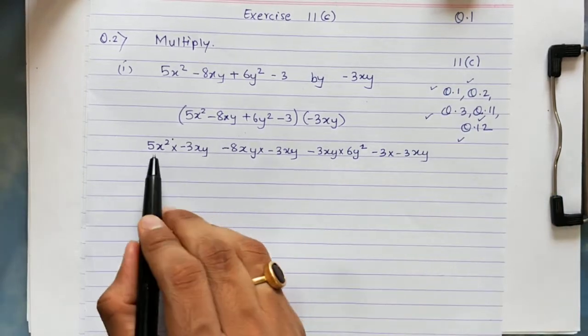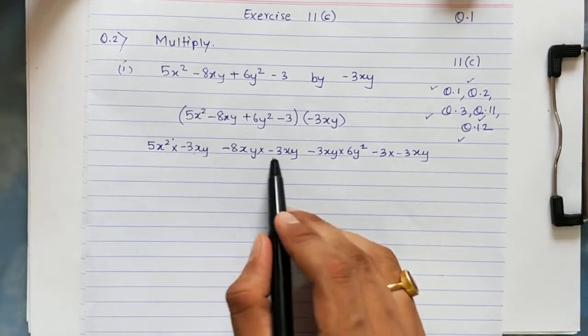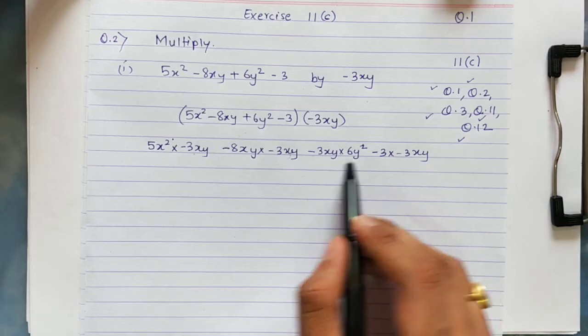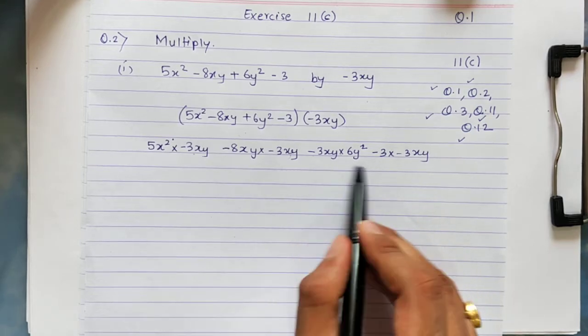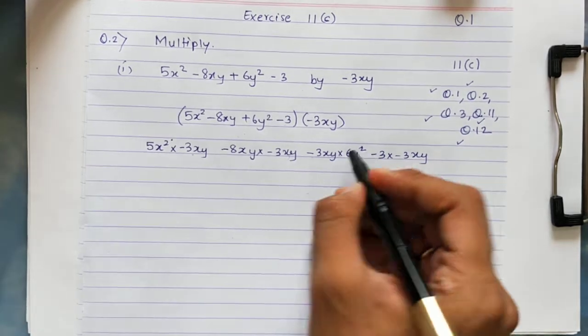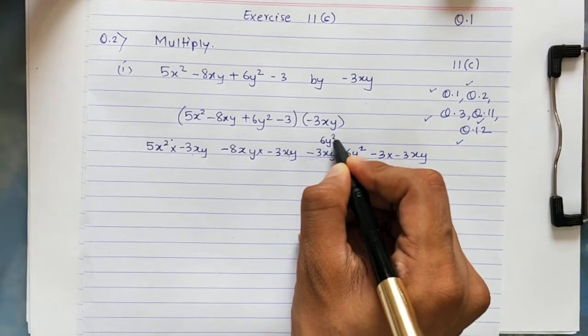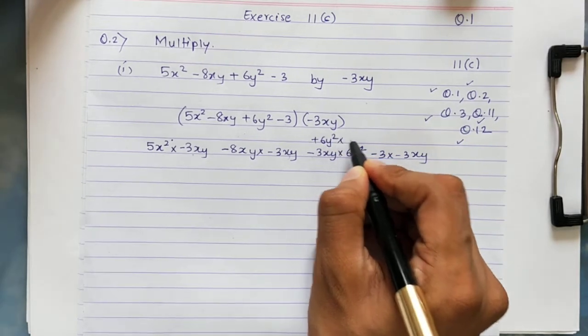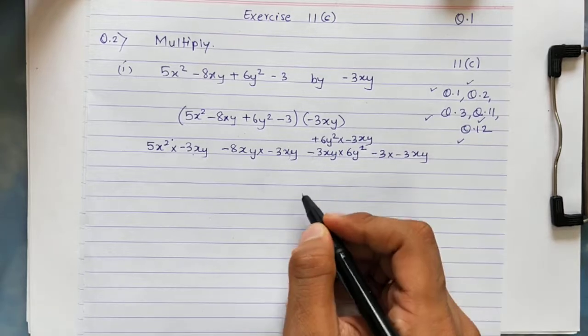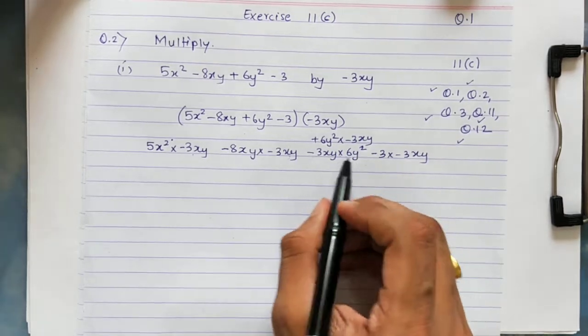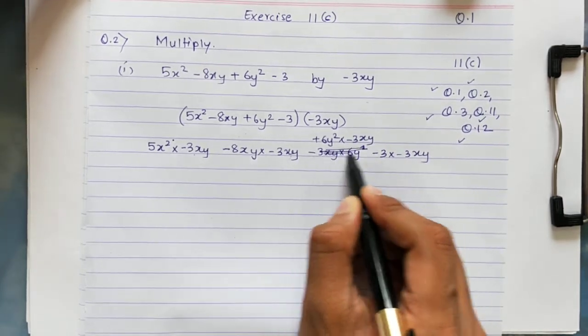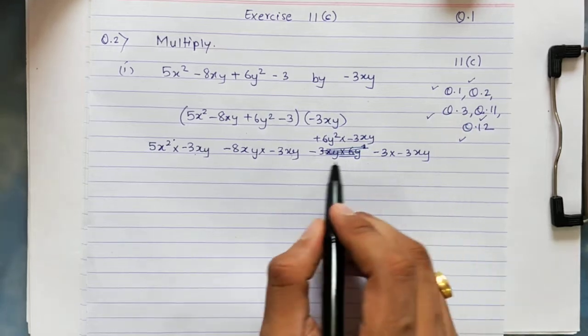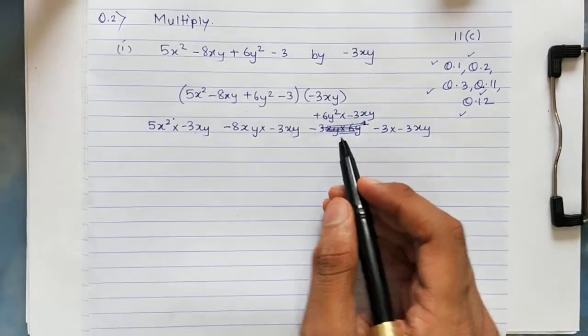You see, with each term I have multiplied minus 3xy. Sorry, here I wrote minus 3xy first, then y square. Doesn't matter, you can write it like this. So now let's do the actual multiplication.